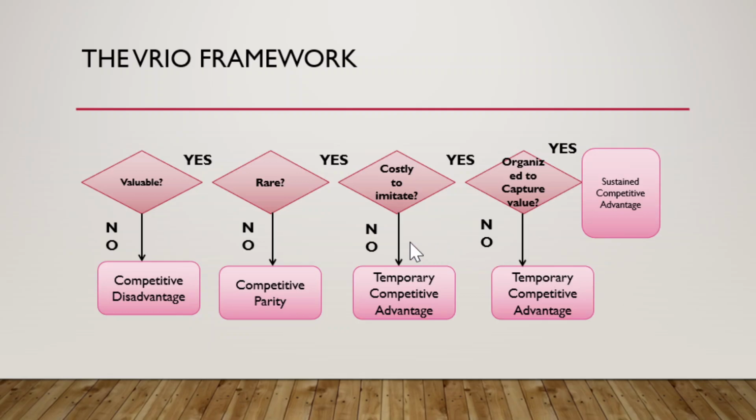So, syempre, if hindi naman costly yung resource natin, then we can have a temporary competitive advantage. So, temporary lang siya kasi once na nabili na siya nung rival mo or competitor mo, then you will lose your competitive advantage. Kasi makakapag-produce na din sila same level with you. Okay? So, we need to have costly to imitate resources.